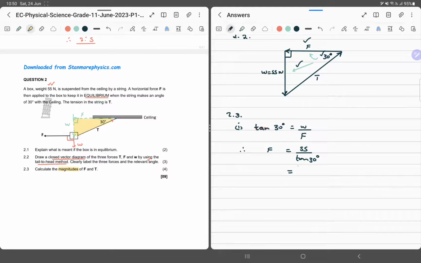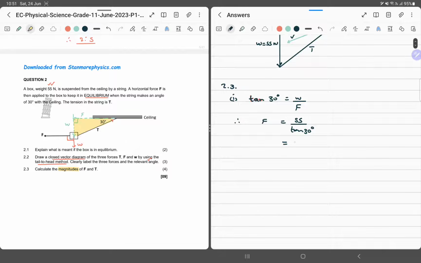So we've got 55 divided by tan 30 degrees. So this is now 95.26 newtons. Sorry, that is 55.96 newtons.